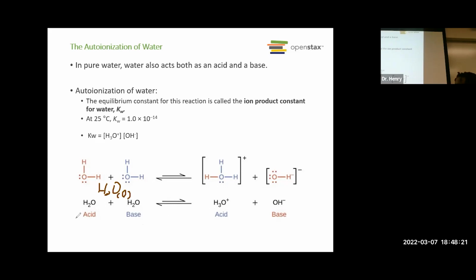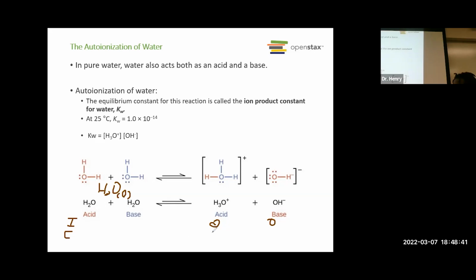So we know that if we did the ice table, we don't take this into consideration. Initially, there's 0 of this, and there's 0 of this. C would be what? Okay.